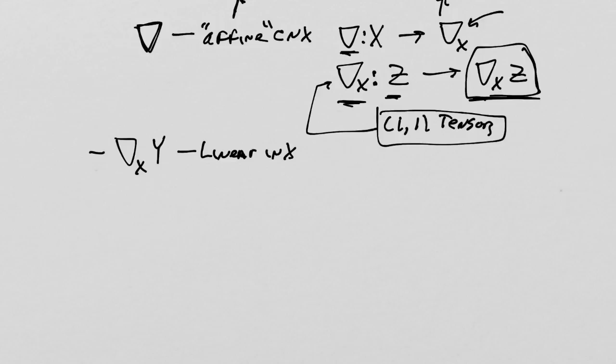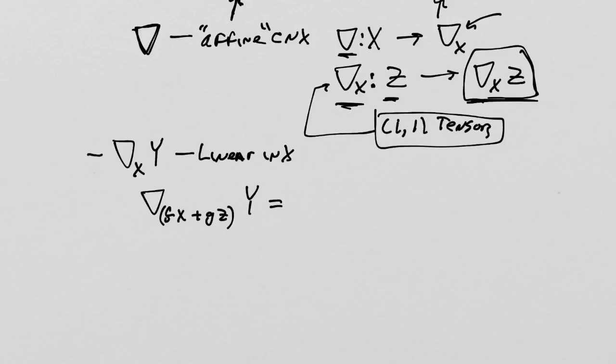So the first thing is x, which means that if I had some function times the field x plus another function times the field z, and I put that in the subscript here and operated on y, I expect this thing to equal this. It's linear, and these things now are functions of space-time, because remember, x is a vector over the manifold. These are functions over the manifold now. So I expect this linearity.